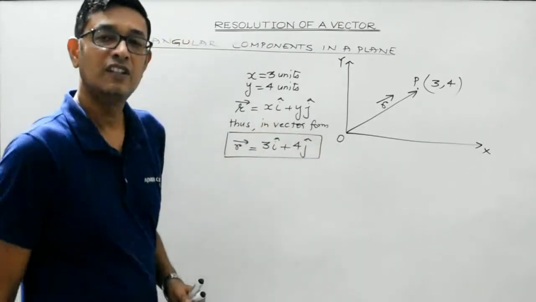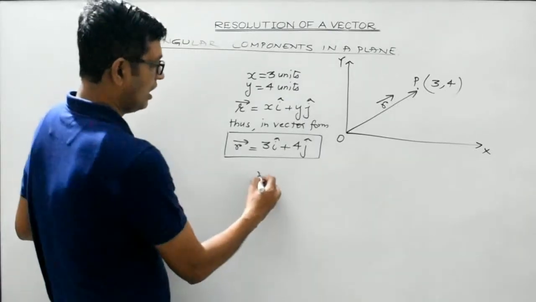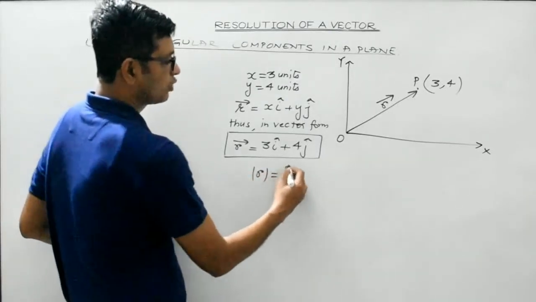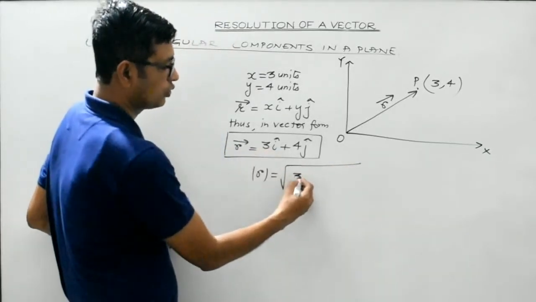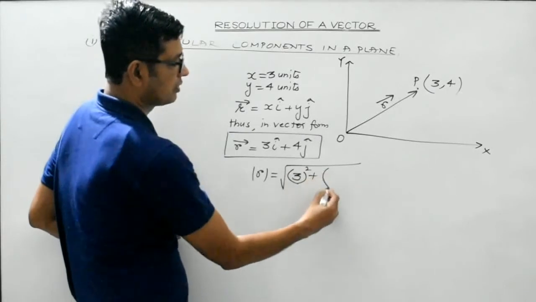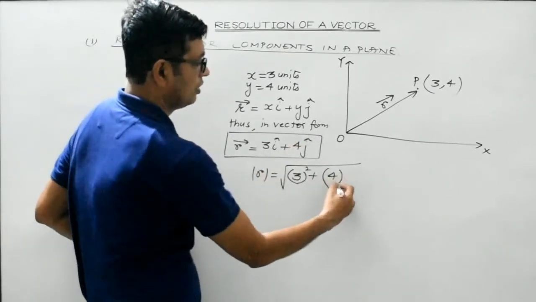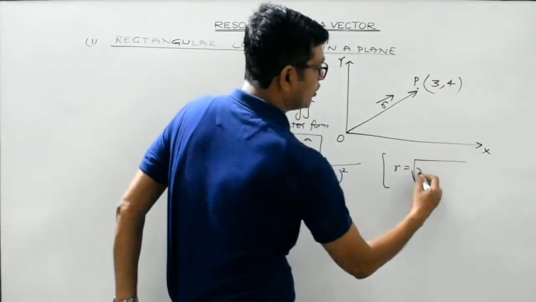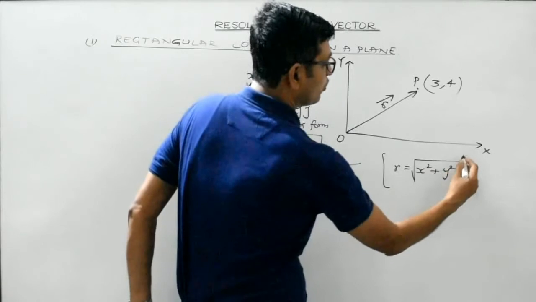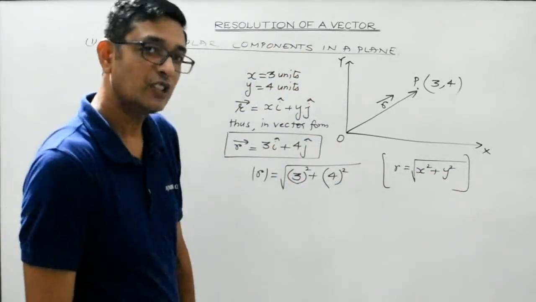Clear, students? Now what about the magnitude then? R in magnitude would be given by square root of, the coefficient of i cap is 3, so square of 3, plus square of the coefficient of j cap, that is 4. Because just now we have proved R is equal to square root of x square plus y square. X and y are the coefficients of i cap and j cap respectively.